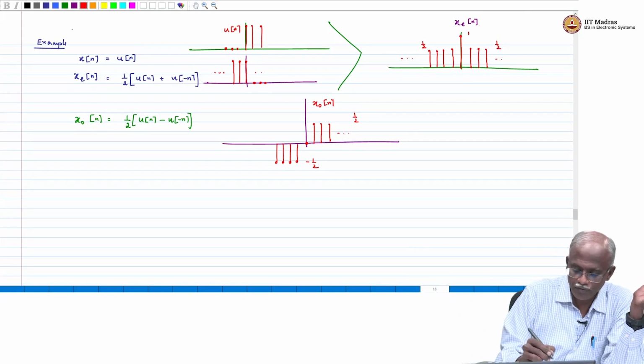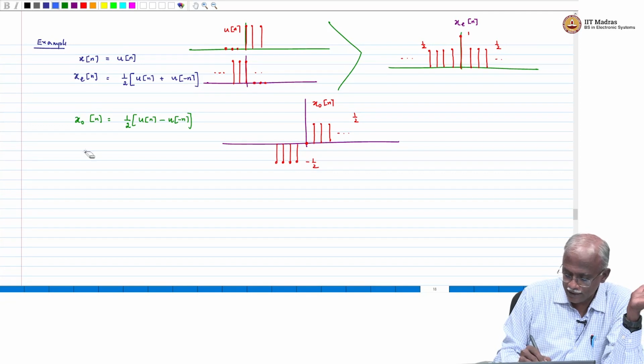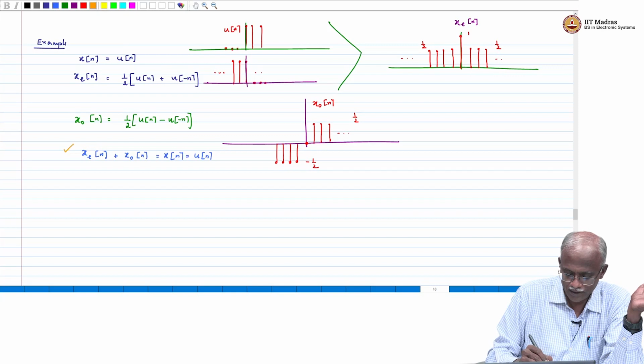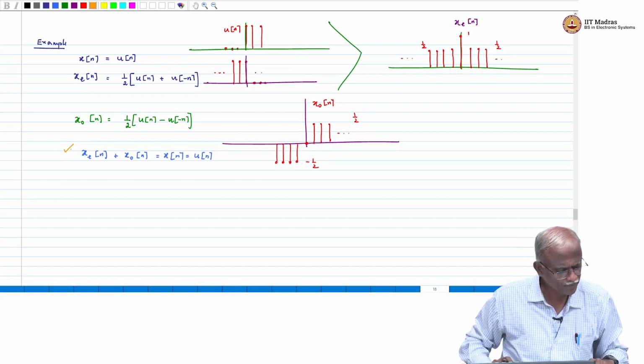So, you can verify that x even of n plus x odd of n will be equal to x of n, which in this case is u of n. And you can easily verify that this is indeed the case.